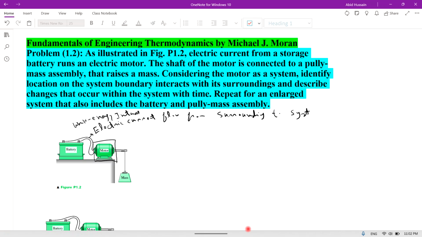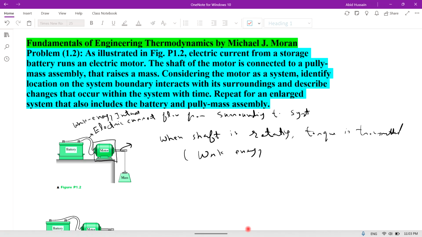Similarly, the shaft is rotating, and this part is outside the system, in the surroundings. When the shaft is rotating, torque is transmitted, and this is also a work energy interaction.